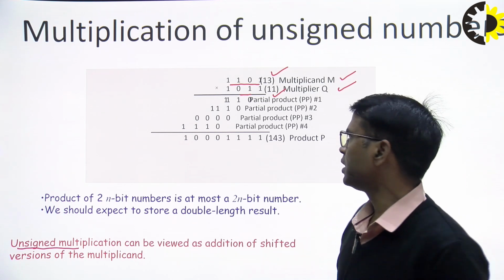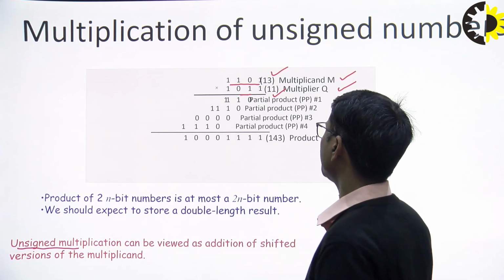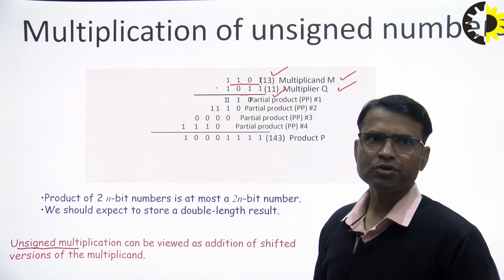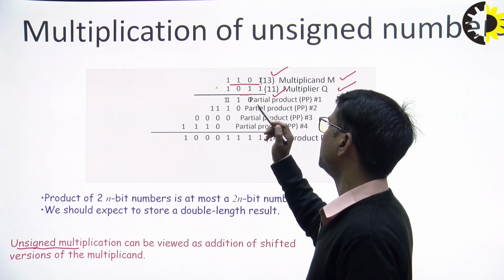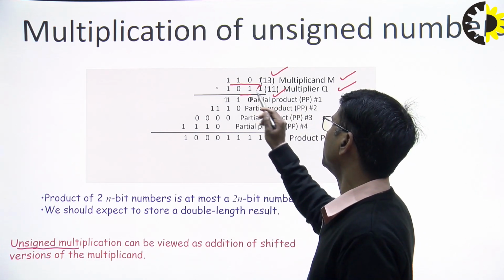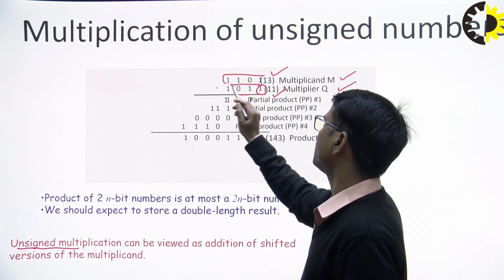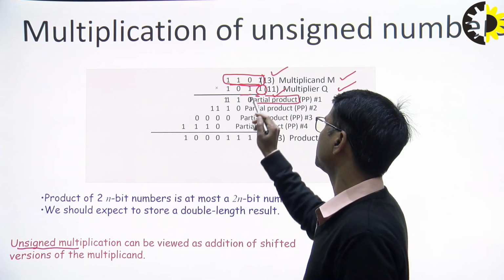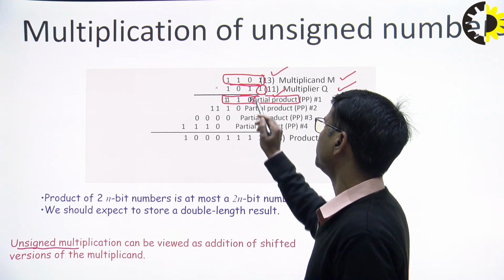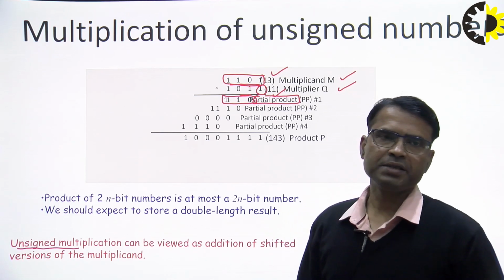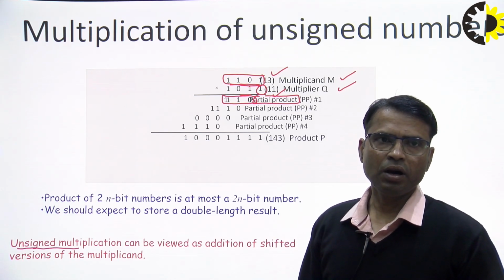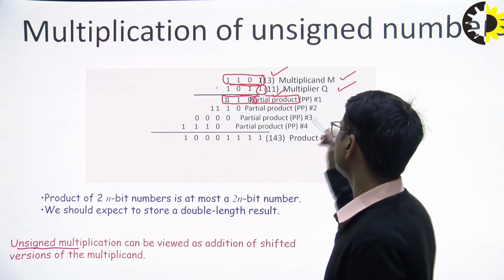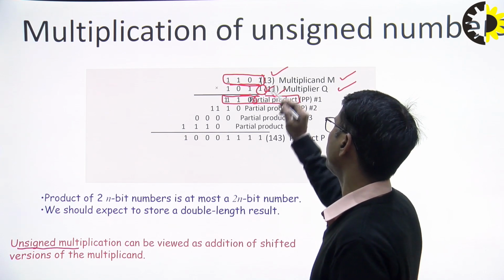Now, you very well know the paper and pen approach of multiplication, where each multiplier bit is multiplied with all the bits of the multiplicand, and the partial product is kept below at the place value corresponding to each multiplier bit. Now, this is for the first multiplier bit.